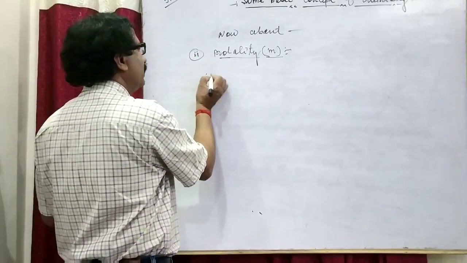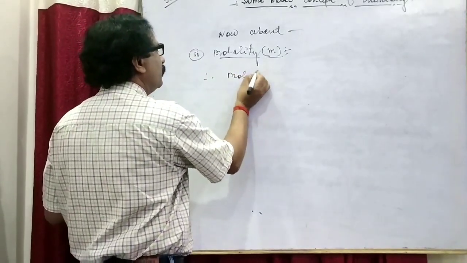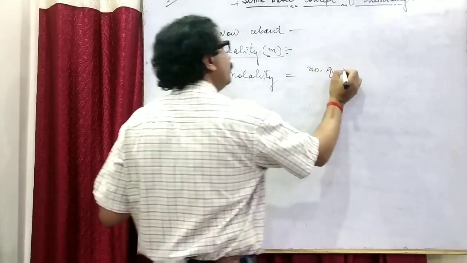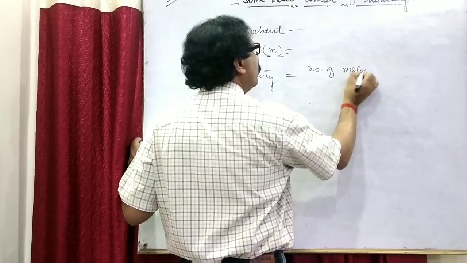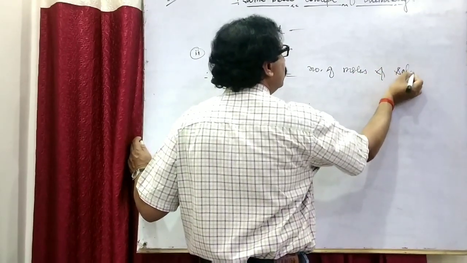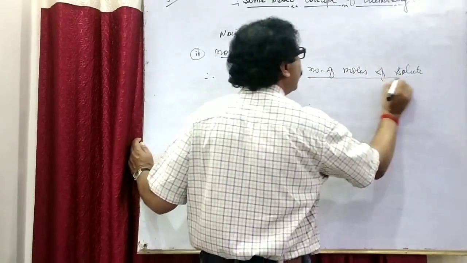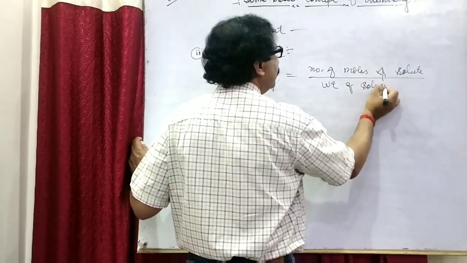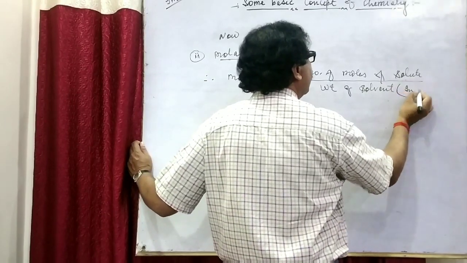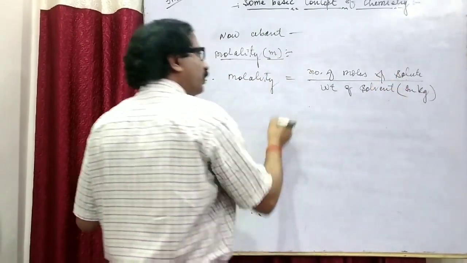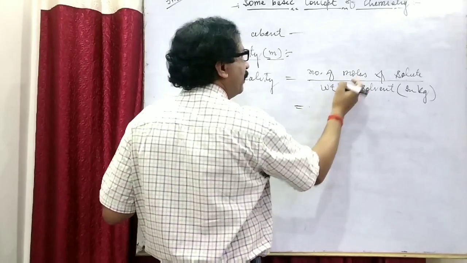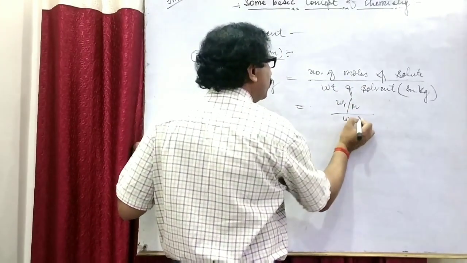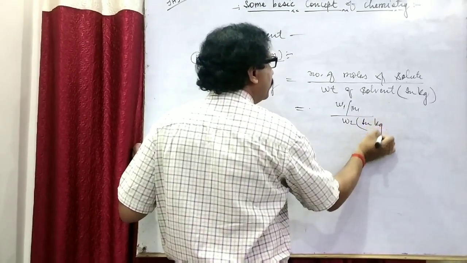Therefore, molality is equal to number of moles of solute whole upon weight of solvent in kg. You can use the symbols: number of moles W1 upon M1, whole upon W2 in kg.